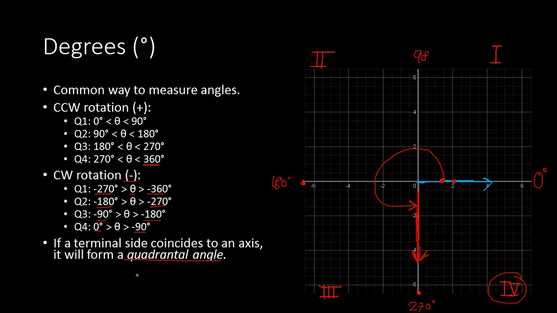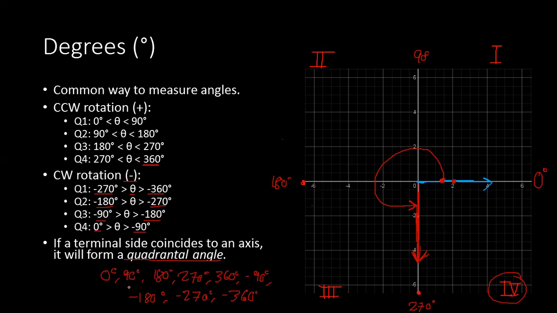So we can simply say that we have 0 degrees, 90 degrees, 180 degrees, 270 degrees, 360 degrees, and especially the negative ones, such as negative 90 degrees, negative 180 degrees, negative 270 degrees, and negative 360 degrees. These are quadrantal angles, all right?